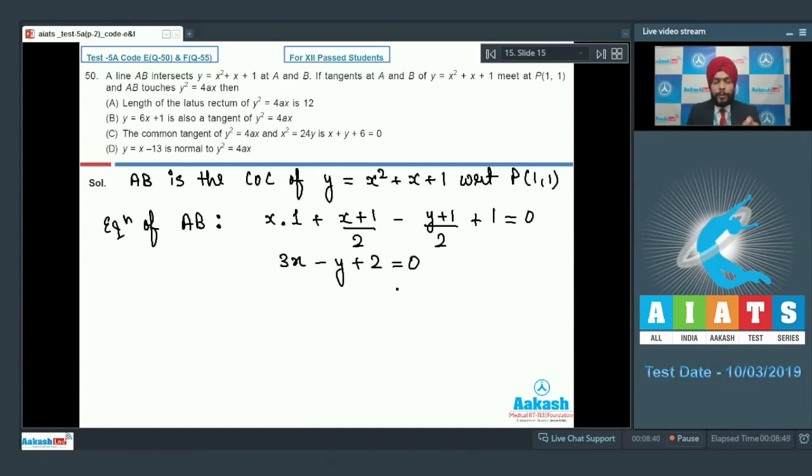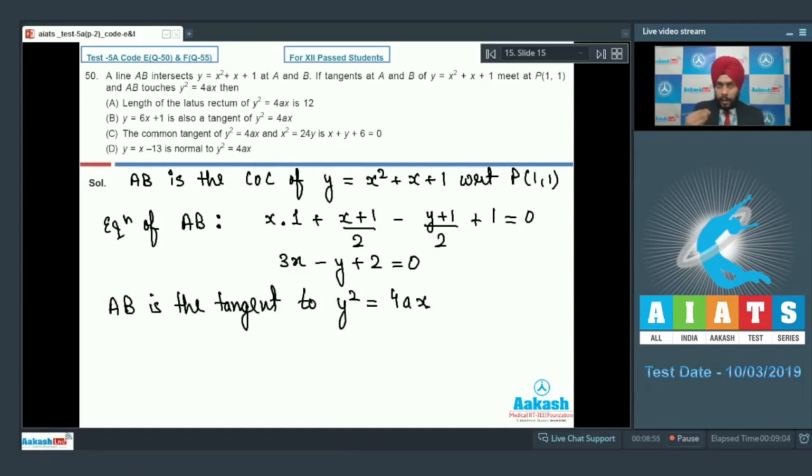Okay. Now student, it is given that AB touches y square equals 4x. So AB is the tangent to y square equal to 4x. The slope of AB is 3. So we have the equation of tangent with slope 3 as y equal to 3x plus a by 3.